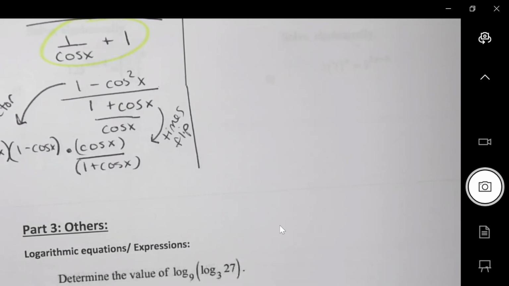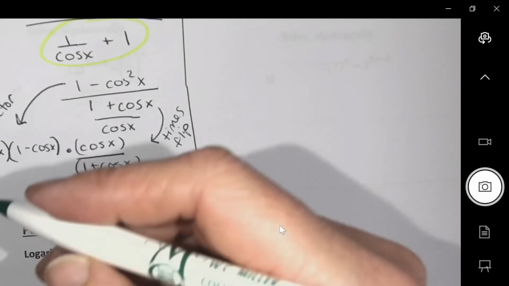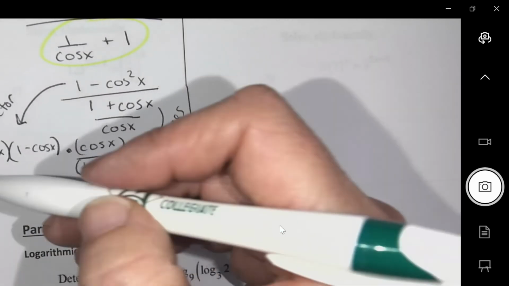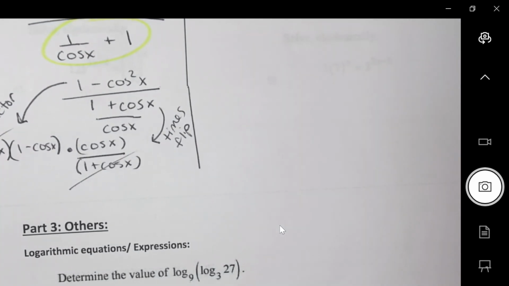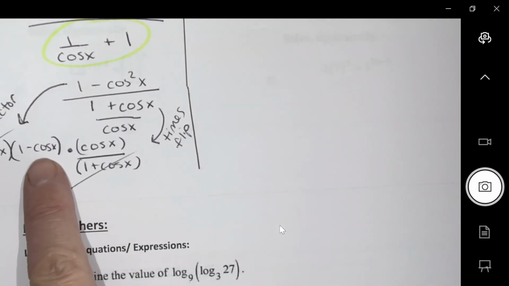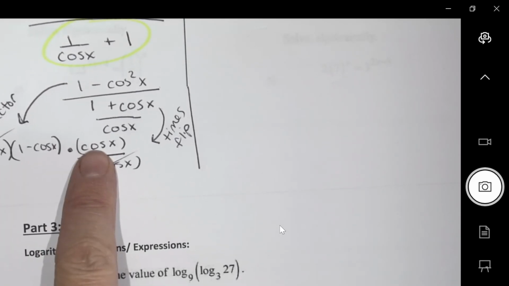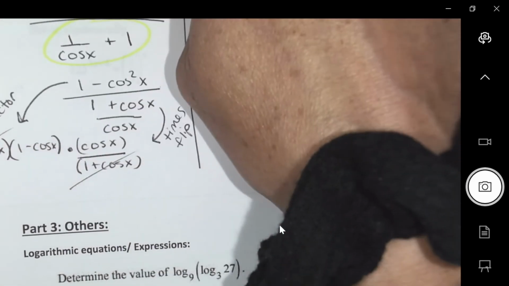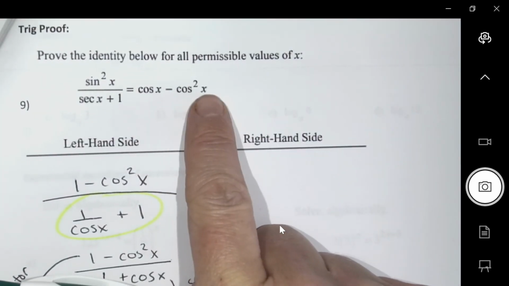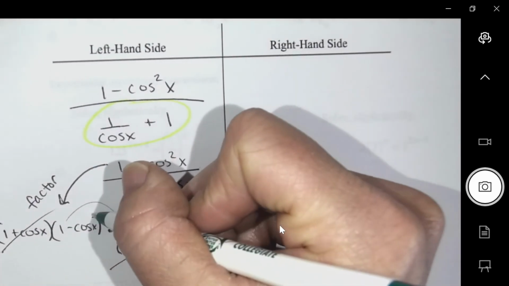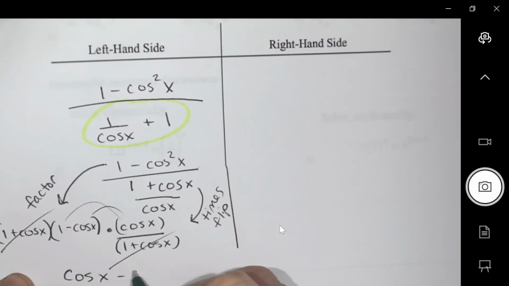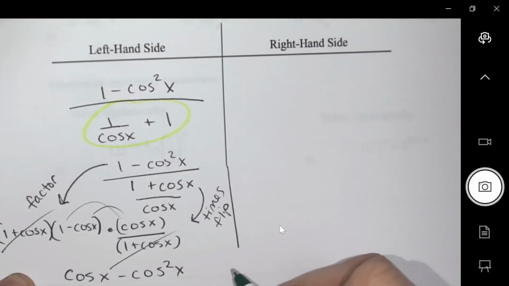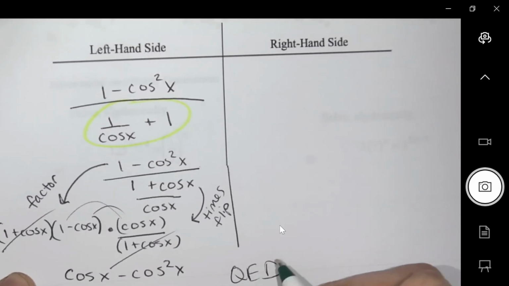Cancel. There's a cancel. Do you see it? 1 plus cos x, 1 plus cos x. So I'm left with these two things. And do you see the end? I just have to expand those out. So cos x minus cos squared x. I'm done. I did it.